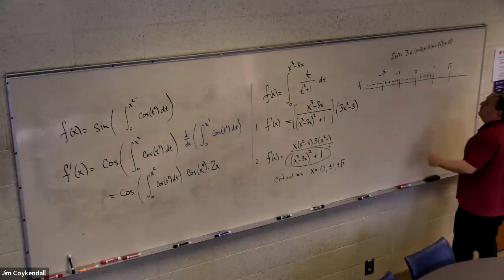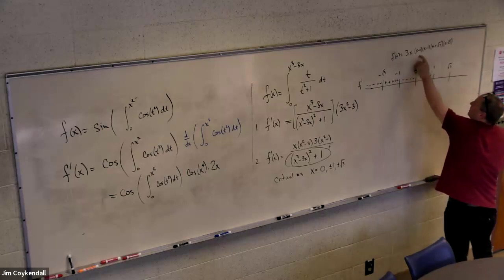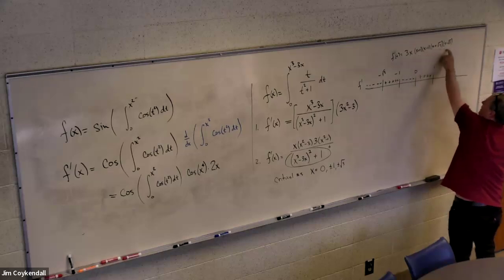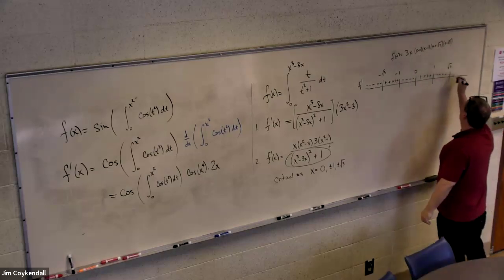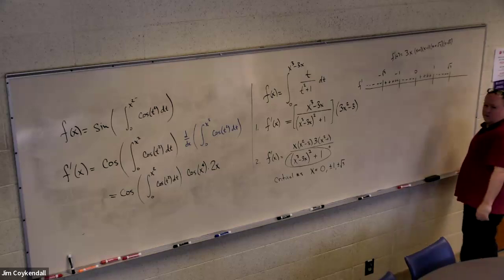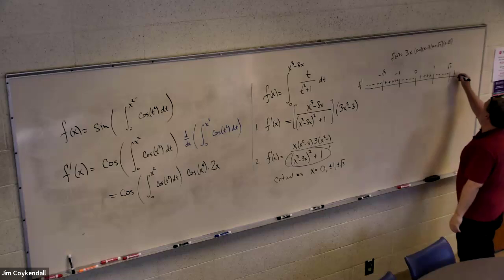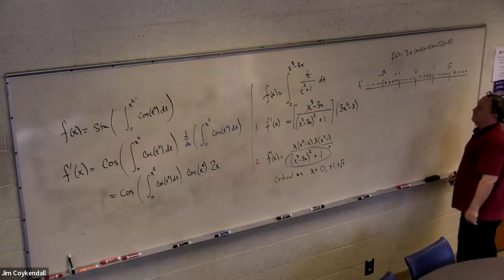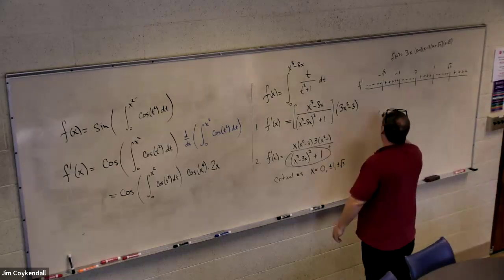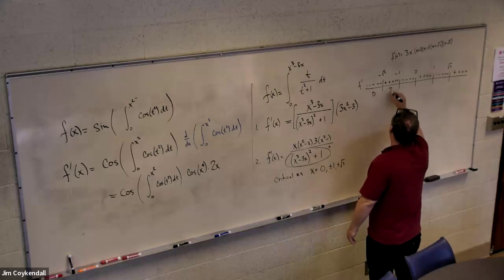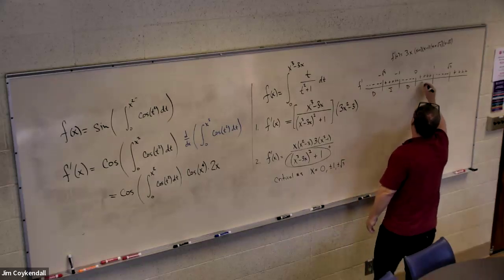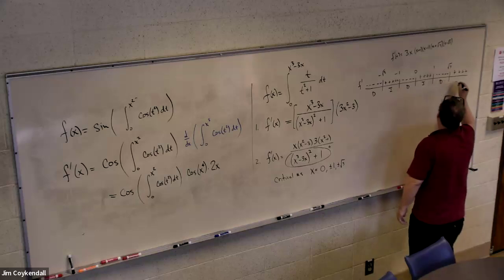What about positive 1.5? Plus, plus, plus, plus, minus. And what about 458,000? Plus, plus, plus, plus, plus. So, decreasing, increasing, decreasing, increasing, decreasing.